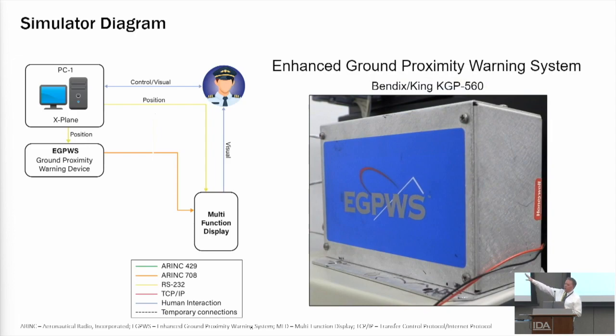From PC1 over on the left-hand side, the data moves down to the EGPWS, which is the Enhanced Ground Proximity Warning System. And this is an image of that EGPWS avionics component here on the right-hand side. And the only thing that's really going to the EGPWS is position, and that's done over RS-232.